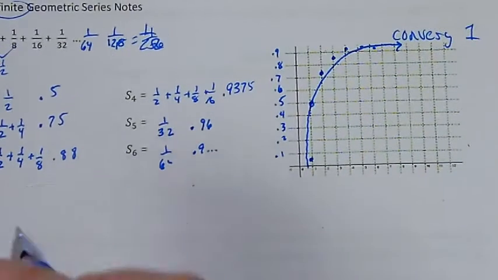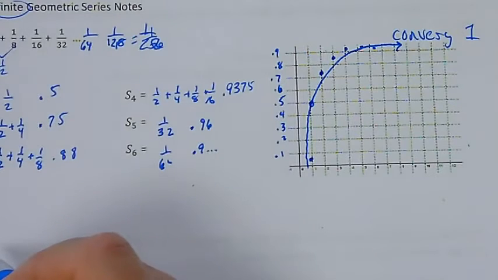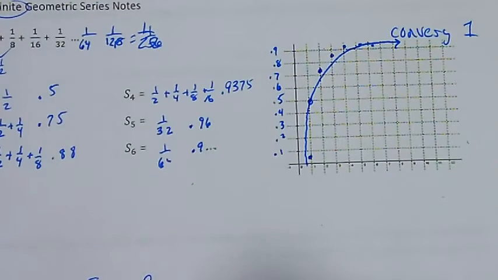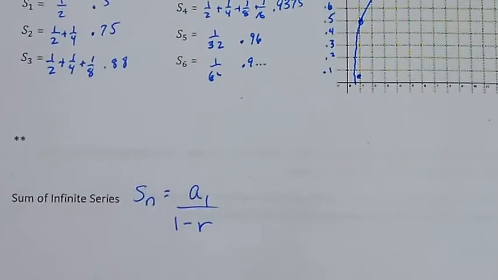So there's a formula to find the sum of an infinite series. To find the sum, you take the first term and you divide it by 1 minus the rate. Let's see if that works on this one.